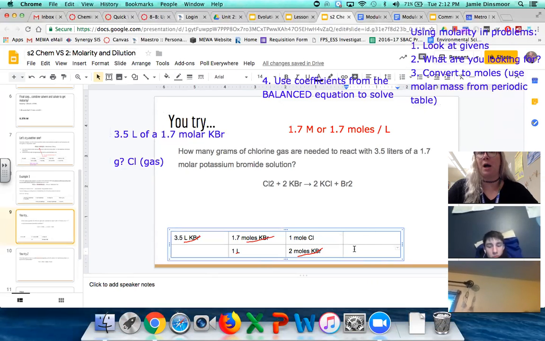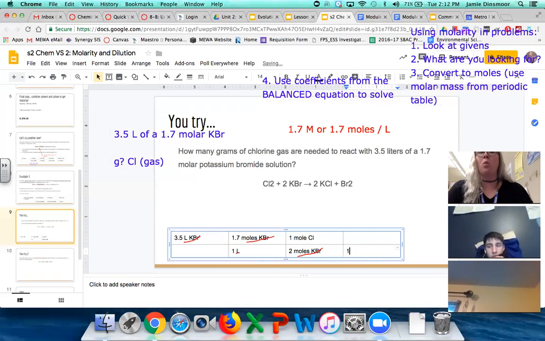What would we multiply by? Or what would we need to look up? Avogadro's number. Close. Avogadro. Mass, yes, molar mass.